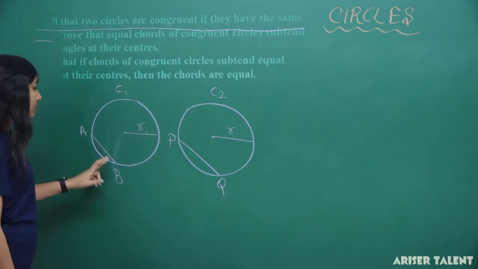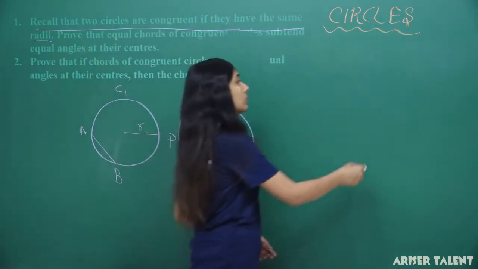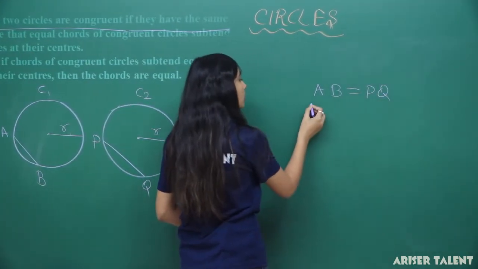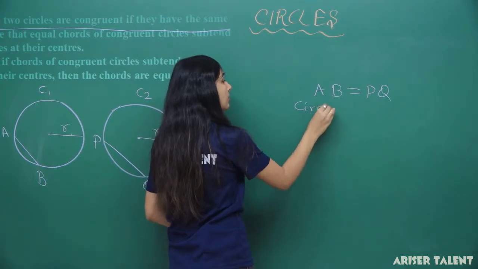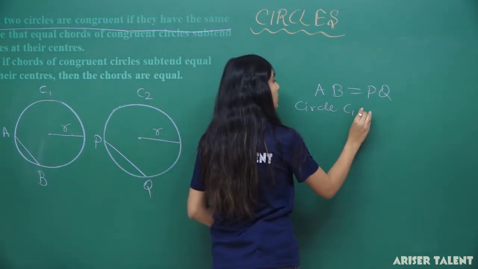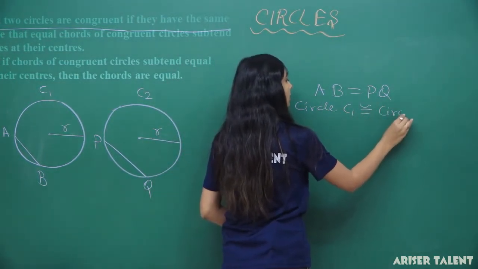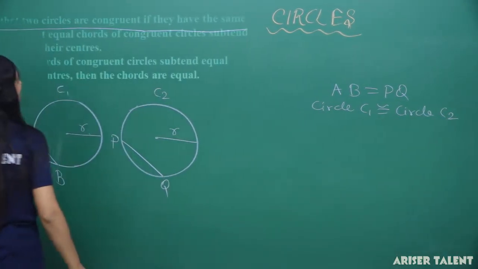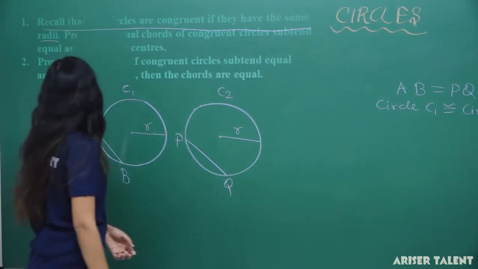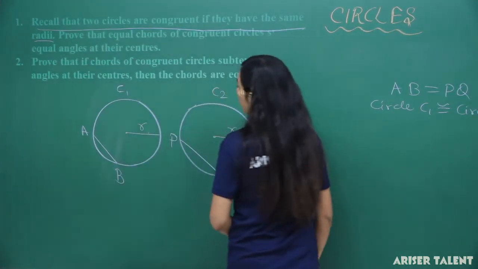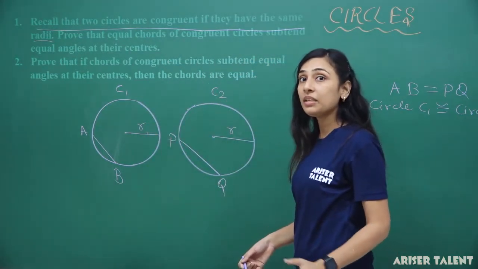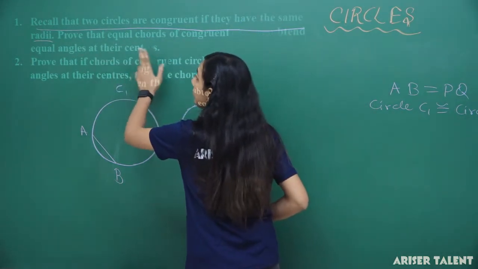This AB is equal to this PQ, and also circle C1 is congruent to circle C2. These two pieces of information are given. Equal chords of congruent circles subtend equal angles at their centers. That means they are talking about the angles at their center.